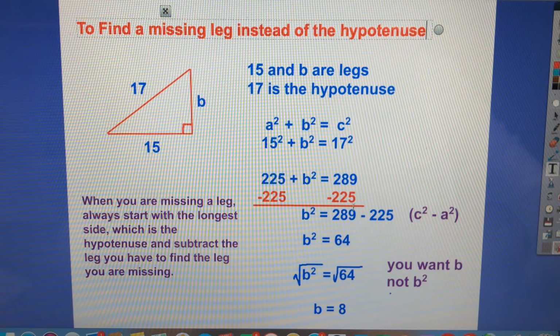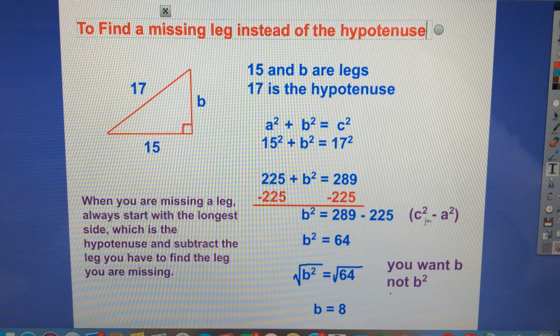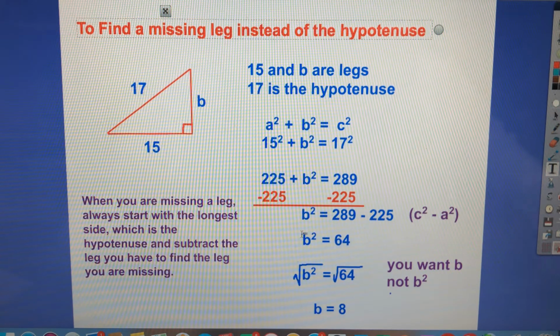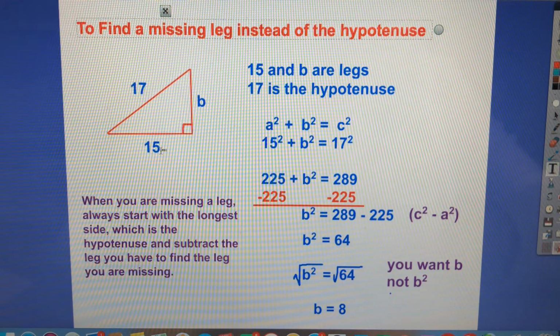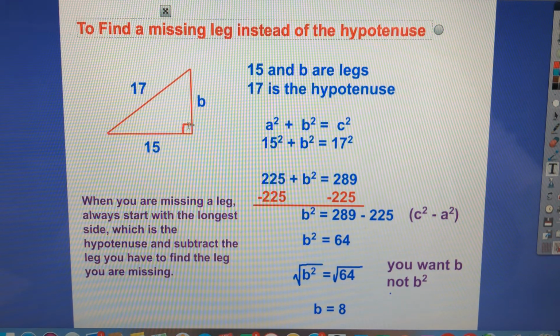Subtract 225 from both sides, and b squared equals 289 minus 225, which happens to be c squared minus a squared. So I took the hypotenuse minus the leg that I know to find the leg I'm missing. b squared equals 64, square root of both sides, b equals 8.